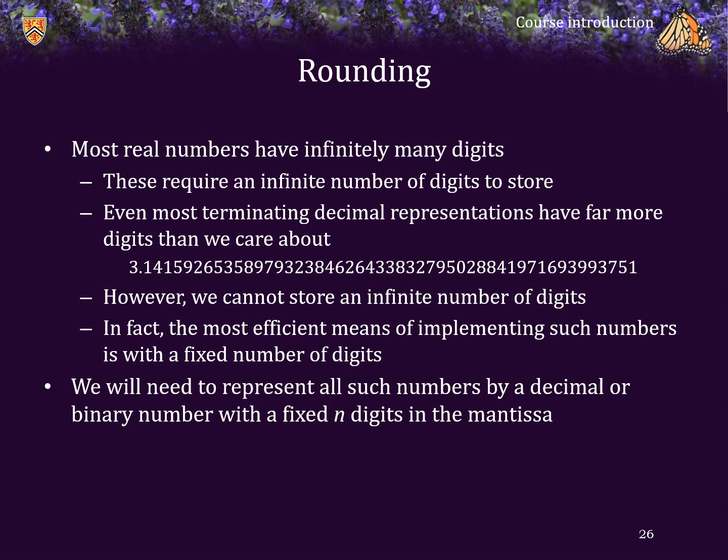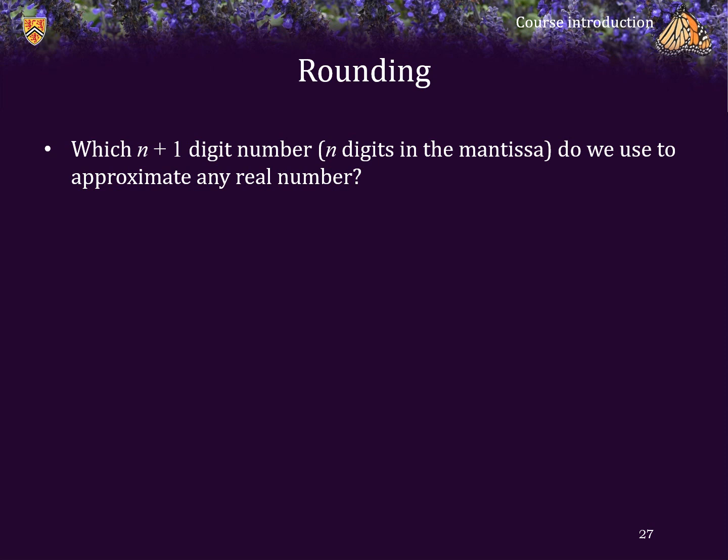So we will need to represent all real numbers by a decimal or binary number that has a fixed number of n digits in the mantissa, be those n digits decimal digits or binary digits or bits. So which n+1 digit number, that is, with n digits in the mantissa, do we use to approximate any given real number?